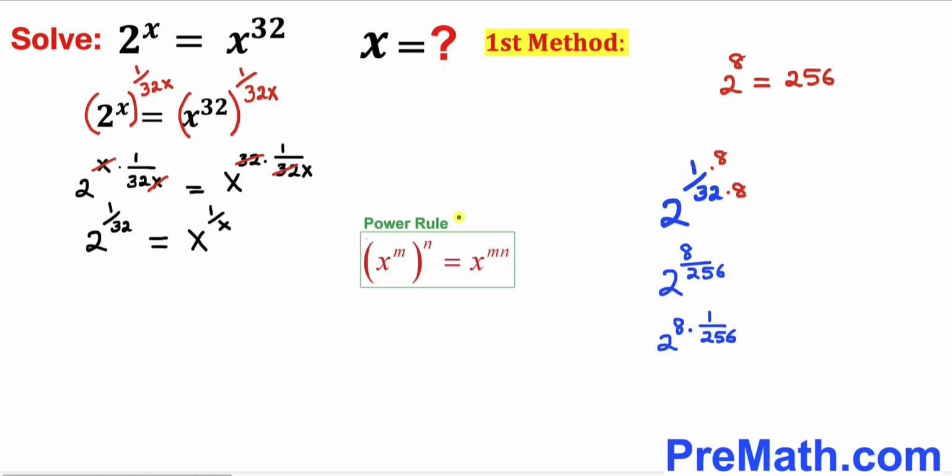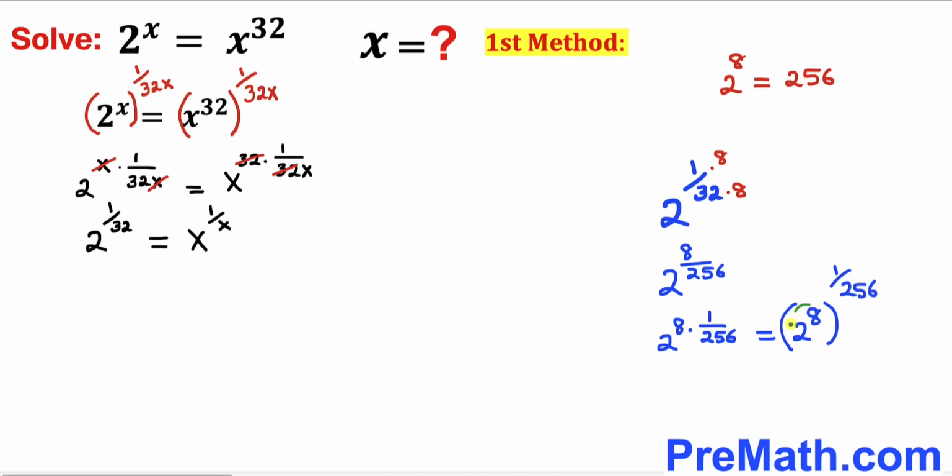And now let's recall the power rule of exponents once again: (x^m)^n equals x^(m times n). And we are going to apply that rule over here. So this could be written as (2^8) whole power 1/256.